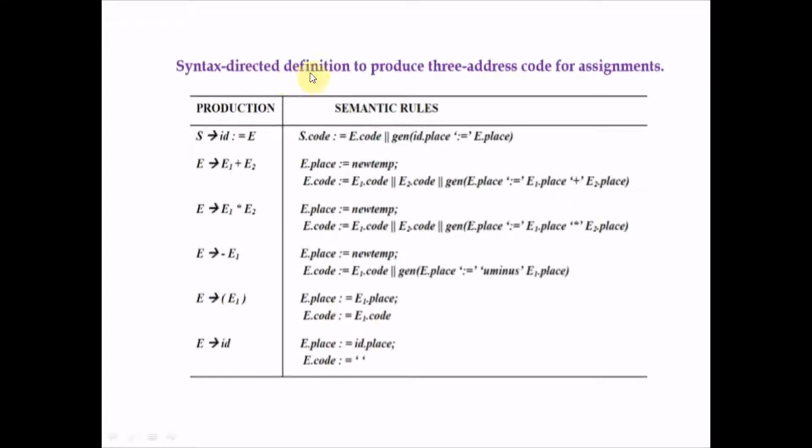Syntax directed definition to produce three-address code for assignment statements. So, S to ID equal to E, that is, value of E is assigned to ID. So, S.code equal to E.code, then concatenation. This symbol corresponds to concatenation.